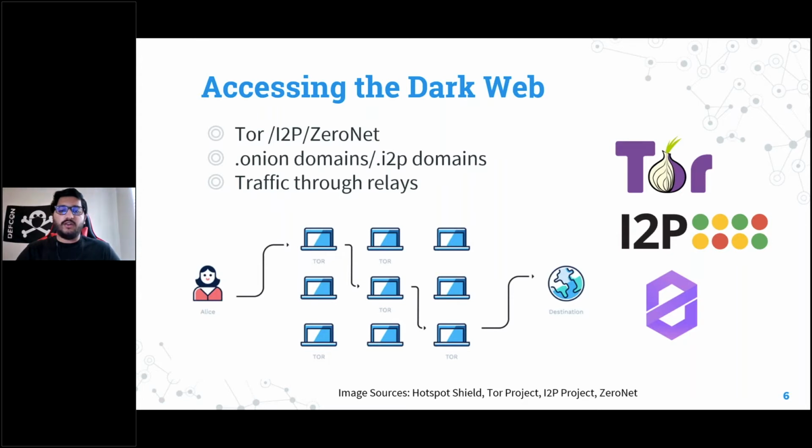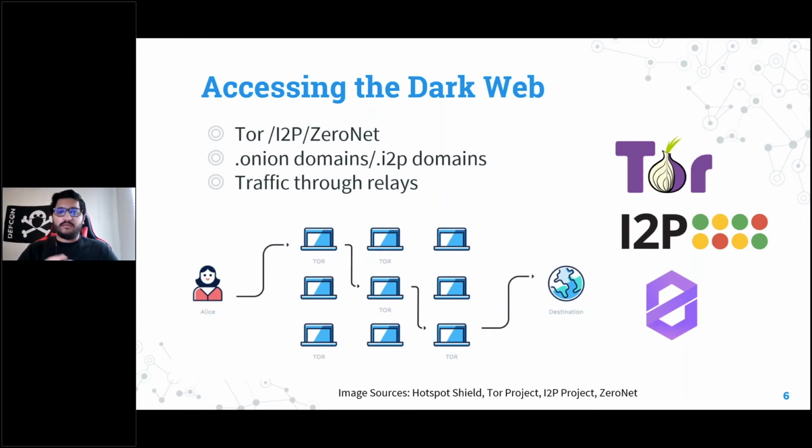The onion analogy here is that the traffic goes through many layers, so that your IP address, or your identity, is hidden. If you can see in this image, the first node doesn't know the identity of the last node, and vice versa. In this way, it hides your real identity, and your data is enveloped into different packets.